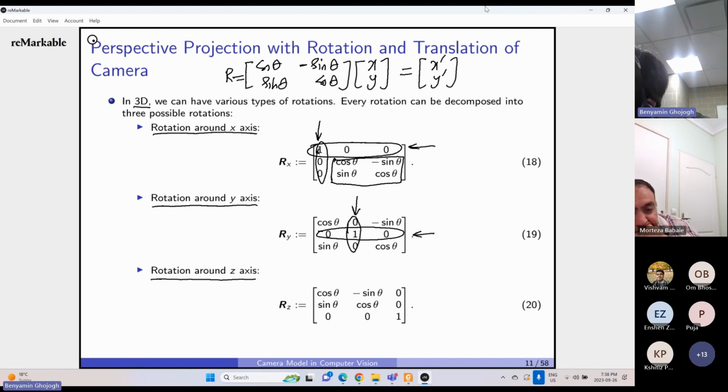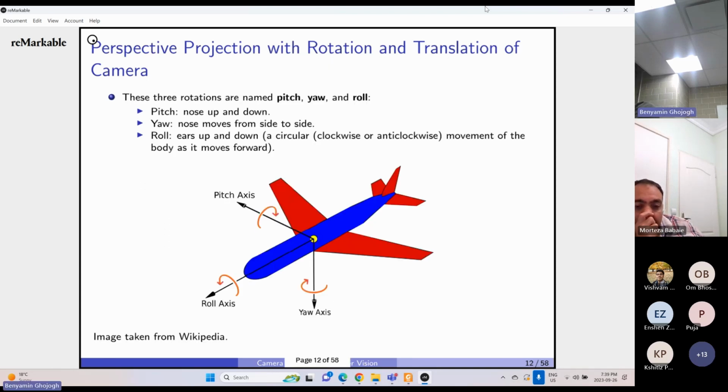For z, I fix the third row and column, and I have this sine and cosine and sine again for the other two axes. These three rotations are named pitch, yaw, and roll.